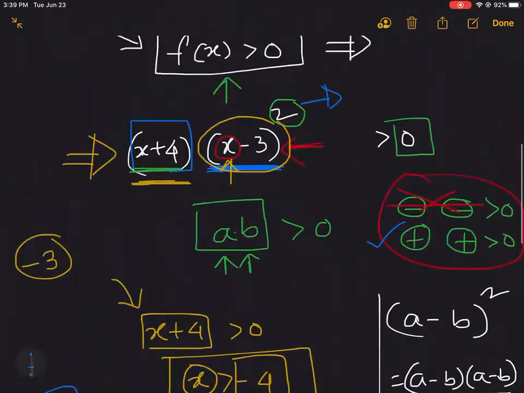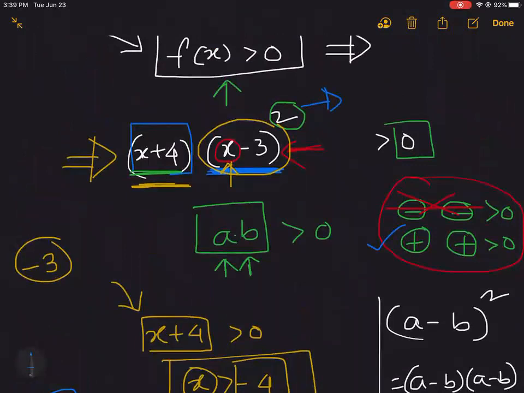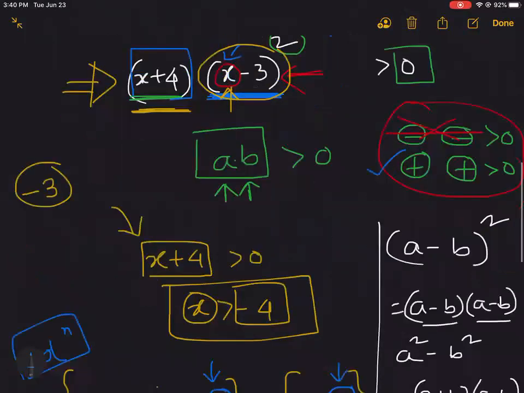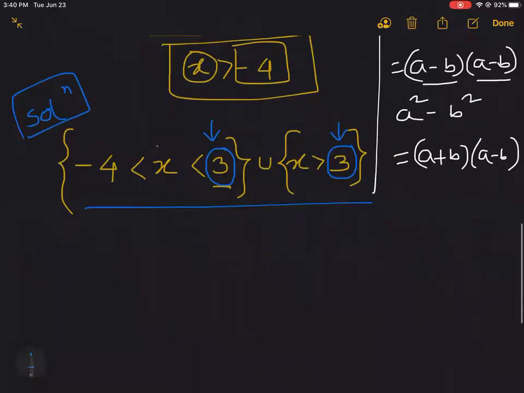Okay, if you plug in 3 here, what happens? Can you see? 3 minus 3 is 0. And if you multiply anything by 0, the entire product will be 0 as well. All right, I see. Yeah. Okay, very good. So this will be the answer.